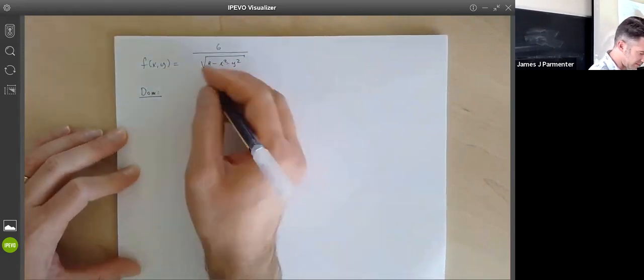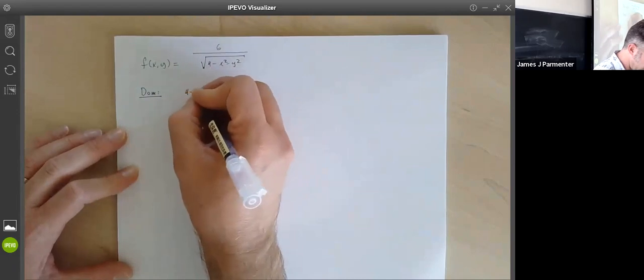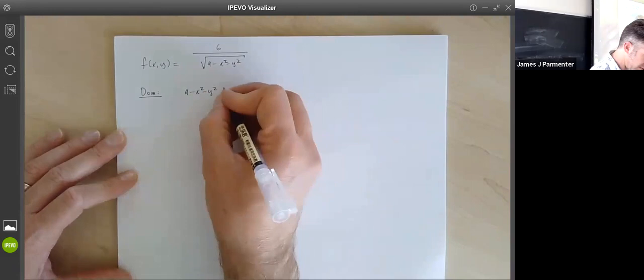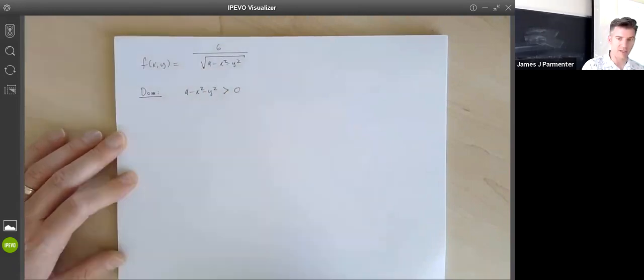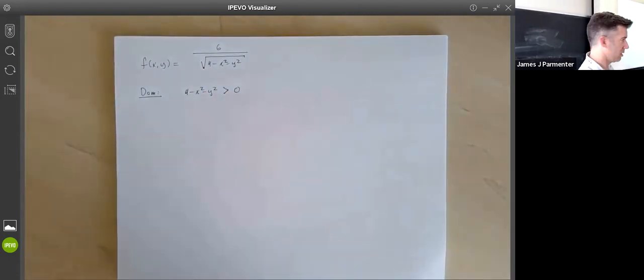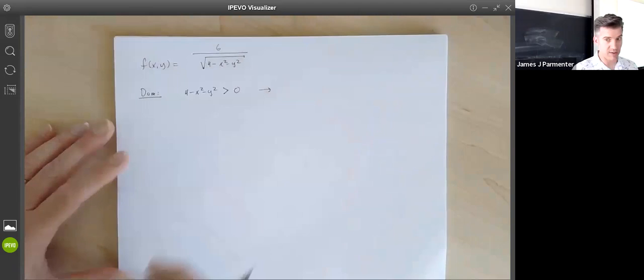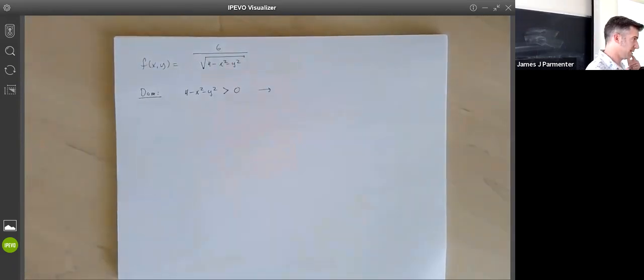I need the stuff inside my root, 4 minus x squared minus y squared, to not only be greater than or equal to 0, but to be strictly greater than 0, because we don't want to include the places that make it equal to 0. We can't divide by 0. So, as we usually do, if you see an x squared plus y squared, get it by itself.